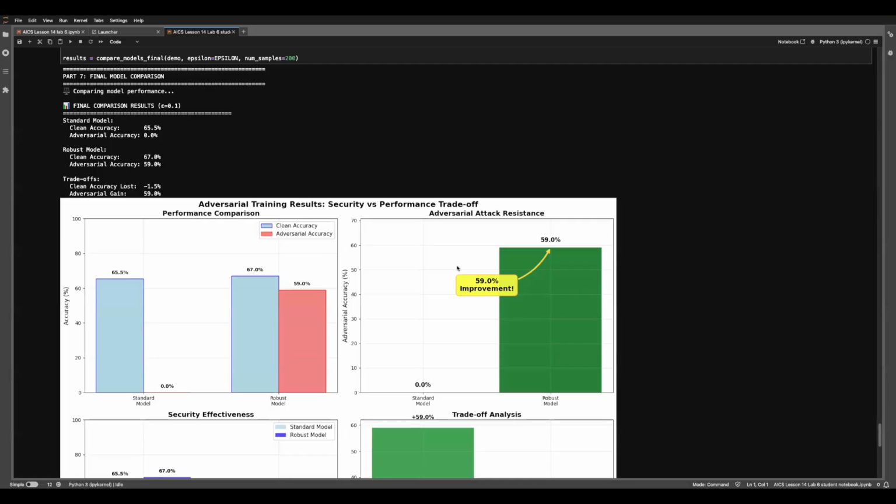So I think these results are a little bit off, because it says the clean accuracy lost is minus 1.5%, so it might have transposed those numbers. I didn't notice that. But the TLDR is that it's a huge improvement in adversarial attack resistance. So you need to ask yourself, is the trade-off worth it?